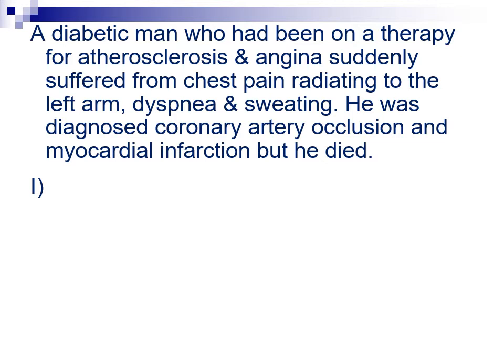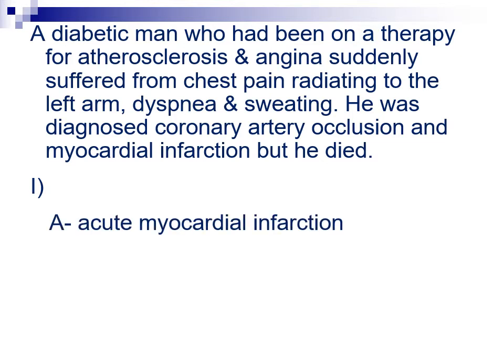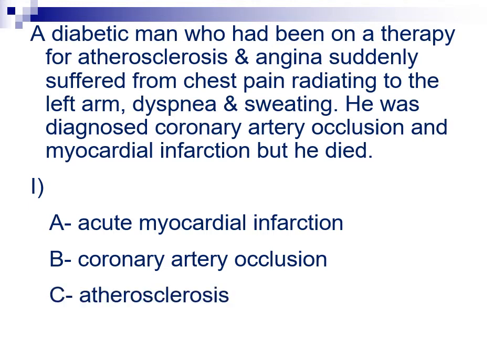So what is the immediate cause of death? Acute myocardial infarction caused by coronary artery occlusion. Coronary artery occlusion caused by atherosclerosis. What's in part 2? Here I mentioned this victim was a diabetic. So part 2 will be diabetes mellitus.